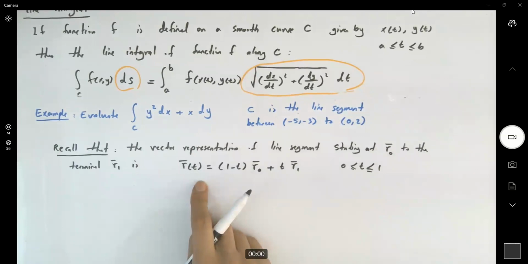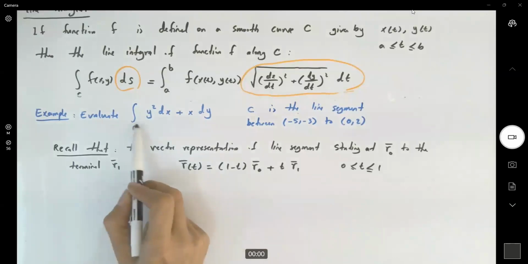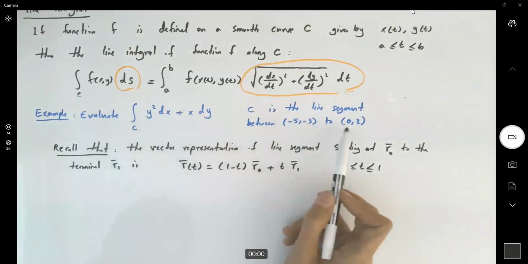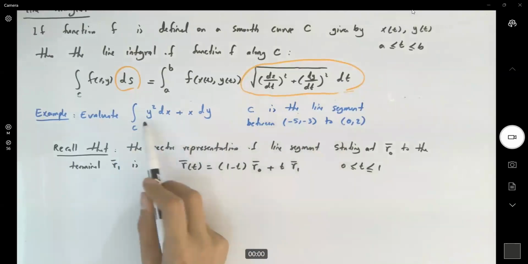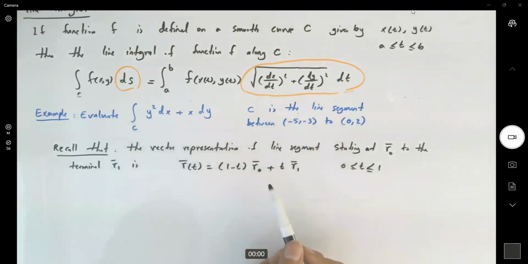Very good. So now we're going to use the definition that we learned before and write down this curve into the form that we can actually get rid of x and y. So let's see.